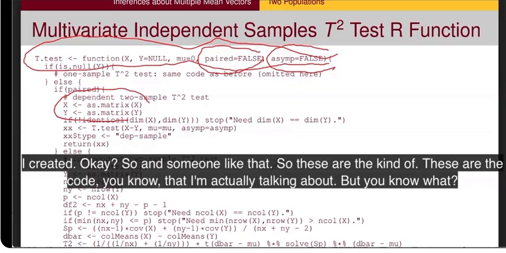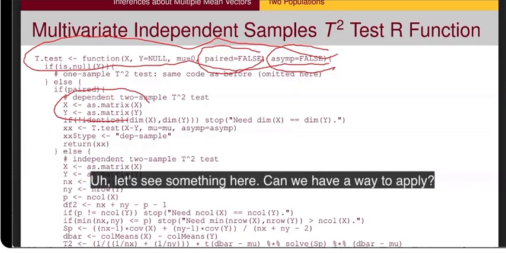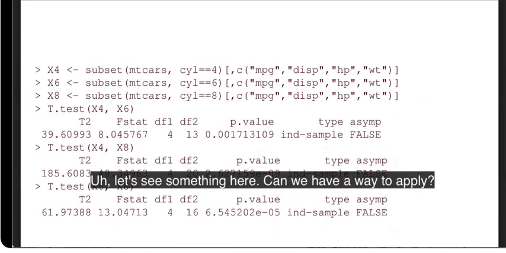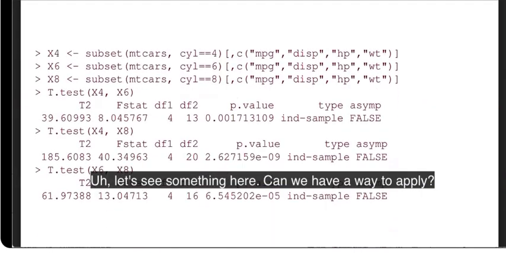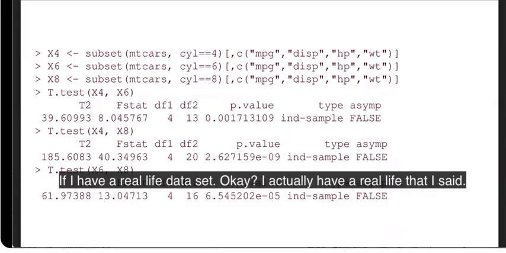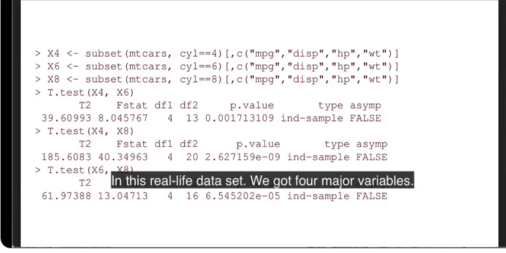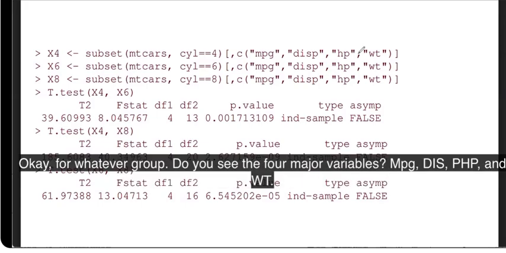But let's see something here. Can we have a way to apply this if I have a real life data set? I actually have a real life data set. In this data set, we have four major variables: MPG, DISP, HP, and WT.